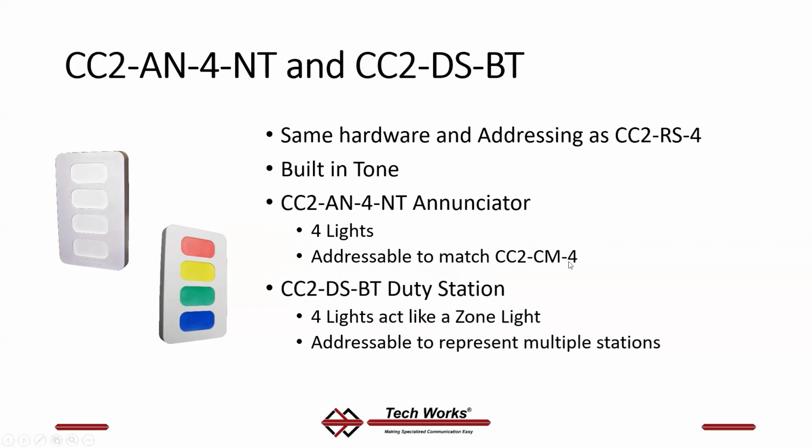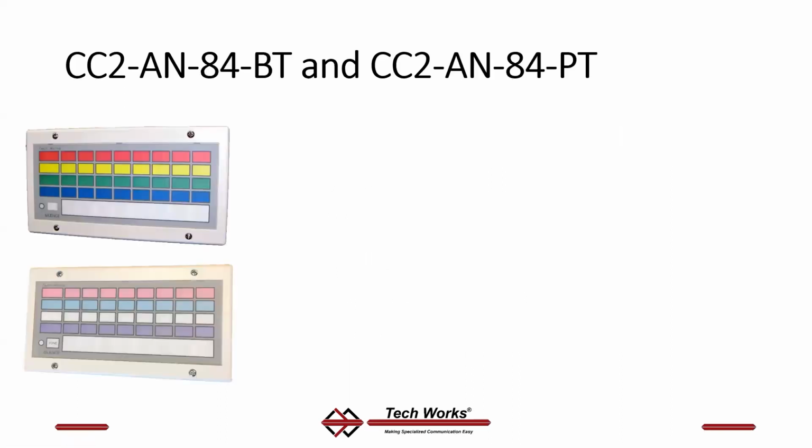They both have the same functionality. The difference is this one is zone functionality, where this is individual station functionality. So this would represent like a control module, where this would represent a group of stations or a group of addresses on the network. Let's talk about our annunciator family.